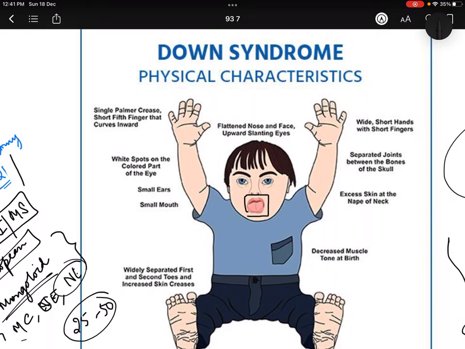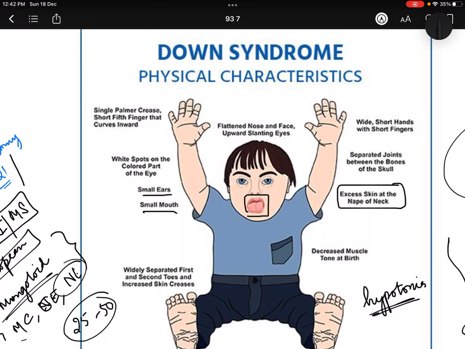Then they have very short stature, so height is very short. They have small ears, a small mouth, and excessive skin at the neck. Then they have hypotonia, that means weak muscles, muscular development does not happen.